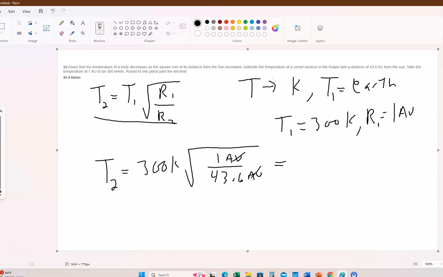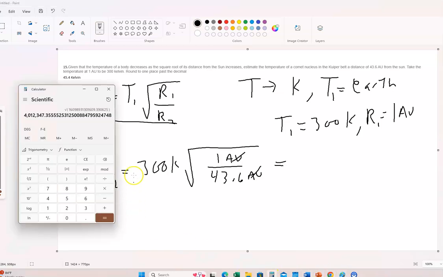And so this will give us the temperature of the comet that is 43.6 astronomical units away from the sun. That's actually beyond the orbit of Pluto, just to let you know. Pluto's at about 40 astronomical units away. All right, so here we go. Let me move this so you guys can see the calculation a little bit better.